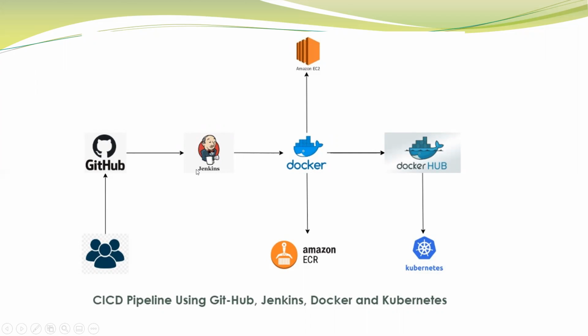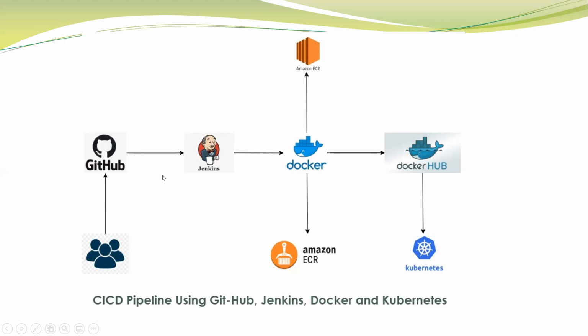Jenkins will create the war file using Maven and create a Docker image using the Dockerfile, and that image will run on the AWS instance. At the same time, this image will be pushed to Amazon ECR. This is what we are covering in this demo.